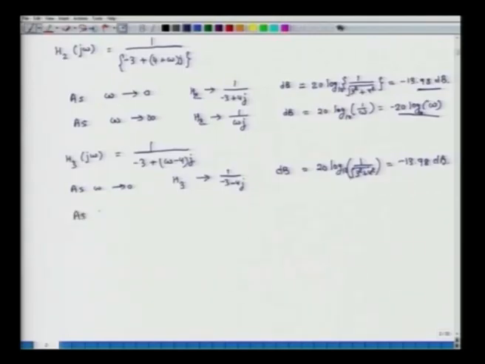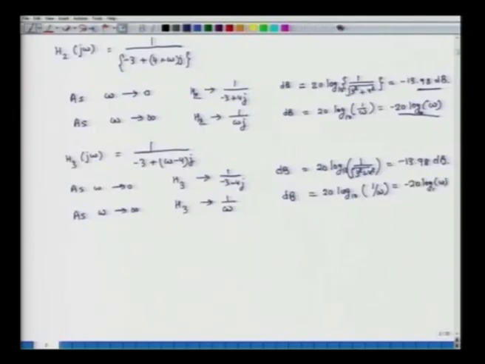And as omega approaches infinity, H3 approaches 1 over omega. So, in terms of decibels I get 20 log to the base 10, 1 over omega, which is minus 20 logarithm of omega.